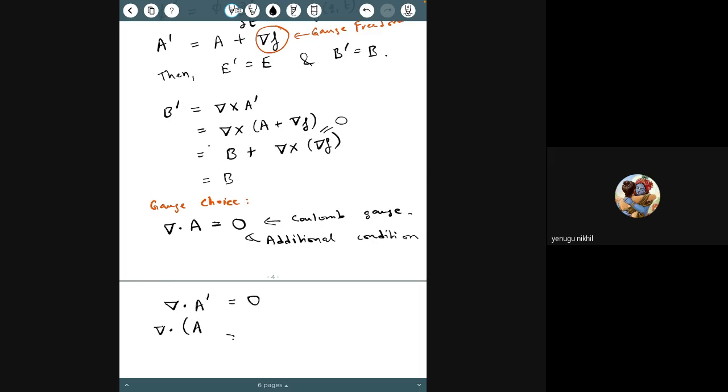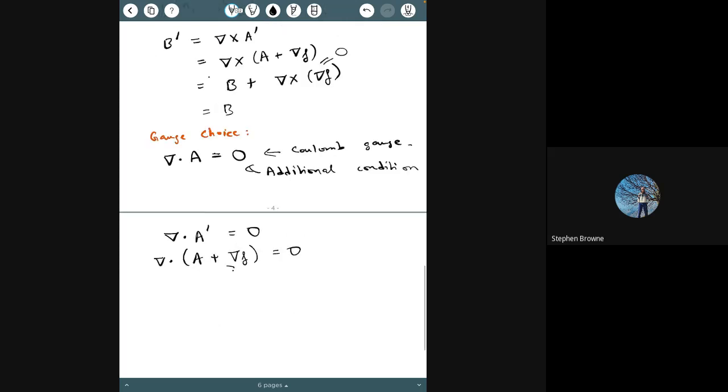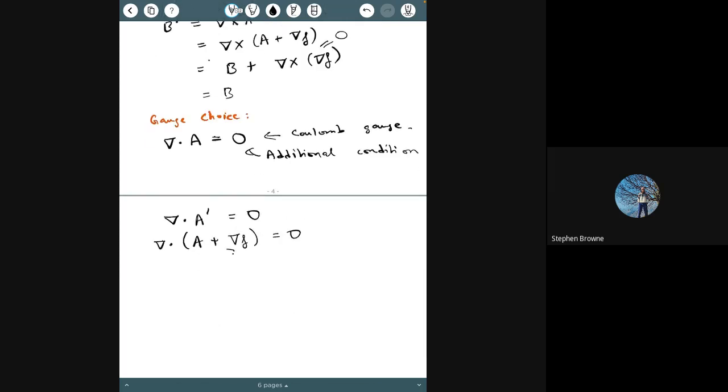So the divergence of A plus grad f is equal to 0, which means the divergence of A plus the divergence of grad f is equal to 0.